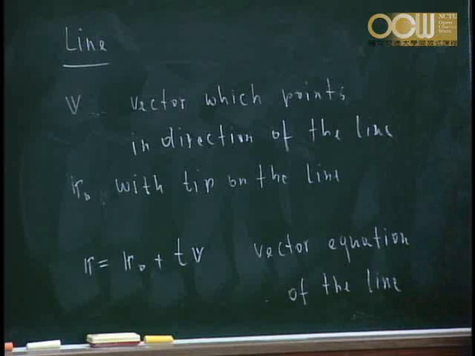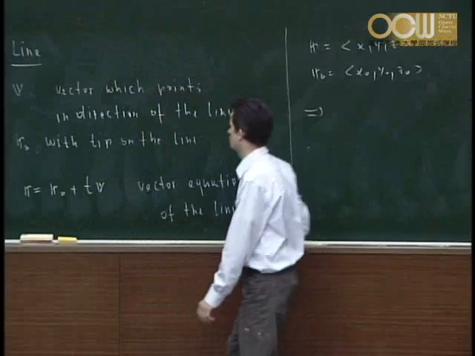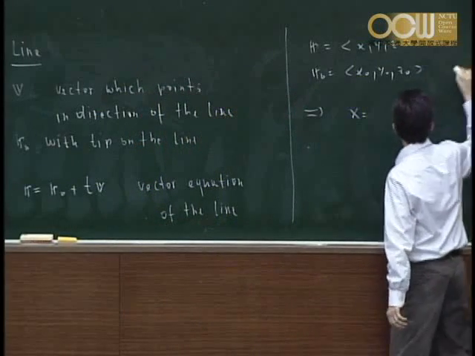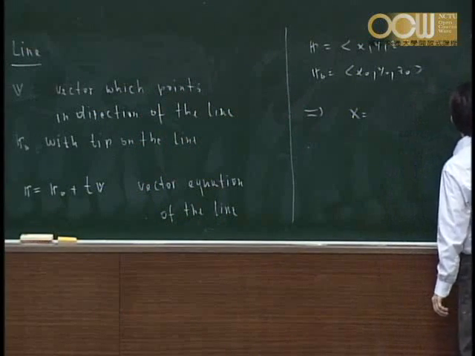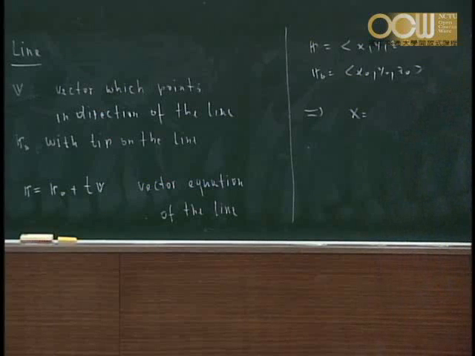Now, the next step is normally to introduce coordinates. So if you introduce coordinates, let's say r is given by x, y, and z, and r0 is given by x0, y0, z0. Then you can write this in an equivalent form. I should also introduce v, which is a, b, and c.